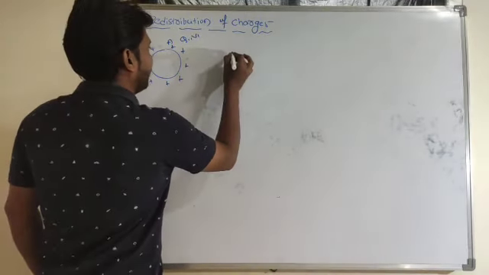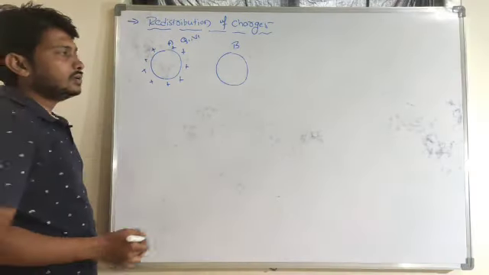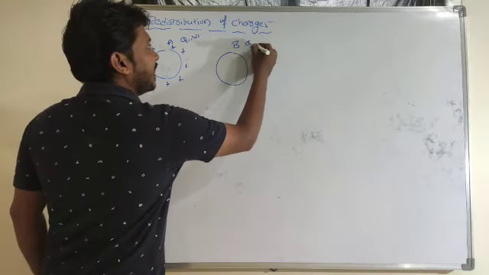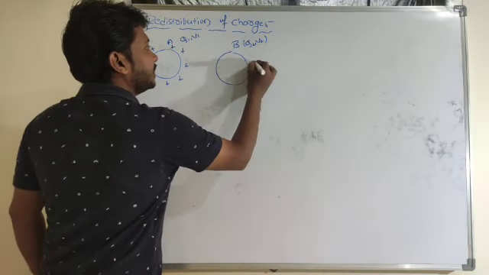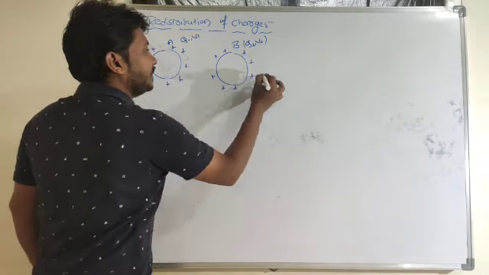Another body I will take here, this one is body B. On body B, Q2 amount of charge is present and its potential is V2.